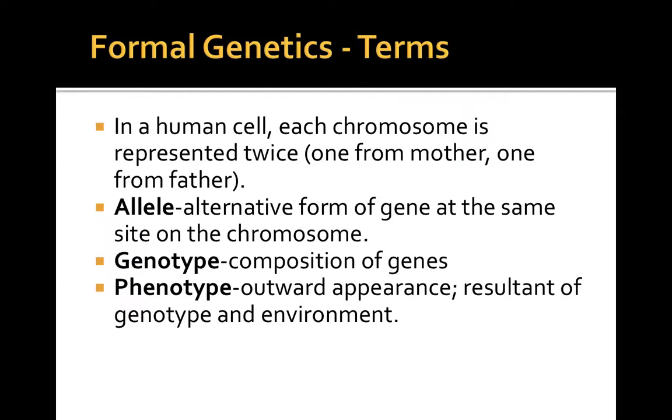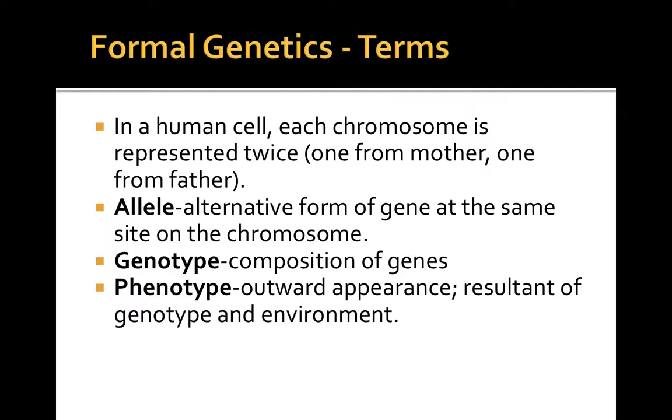For example, an infant who is born with an inability to metabolize the amino acid phenylalanine has the single gene disorder known as phenylketonuria, or PKU, and thus has the PKU genotype.